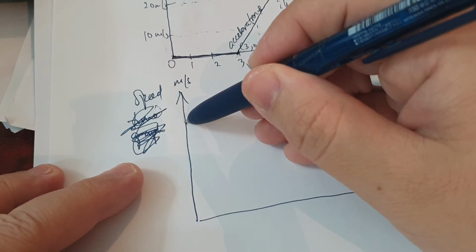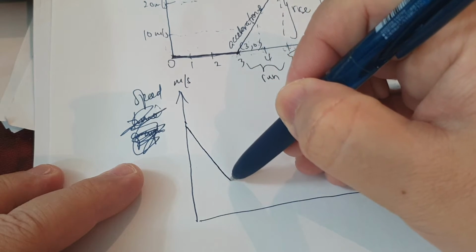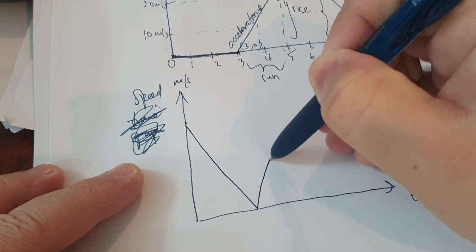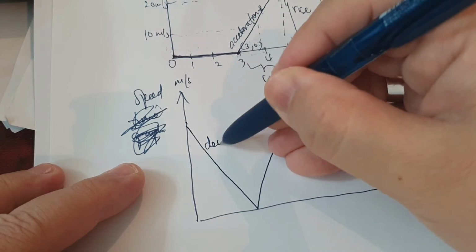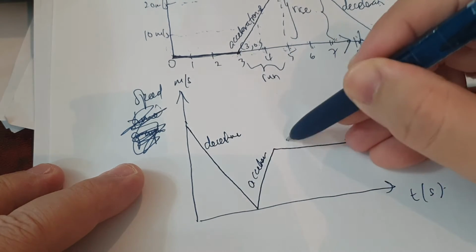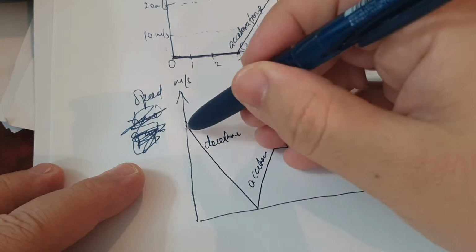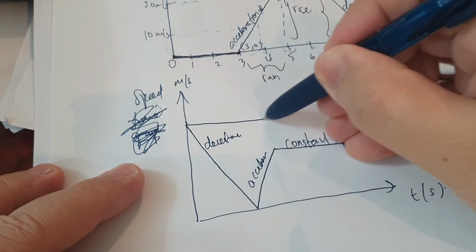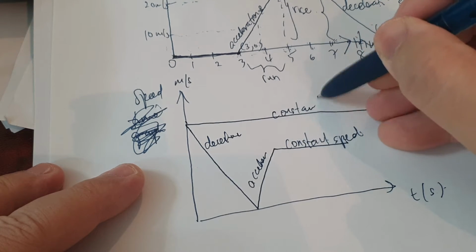Let's say the graph looks like that, then like that, then like that. What does this mean? This means deceleration, this means acceleration, this means constant speed. How about if it's like that all the way? Then this is constant speed all the way.